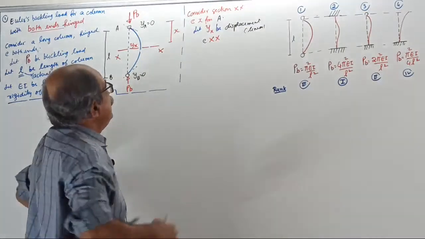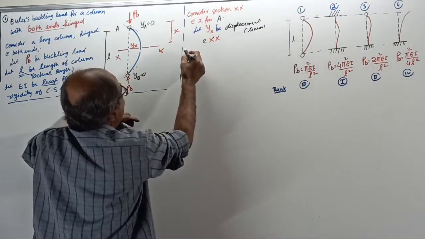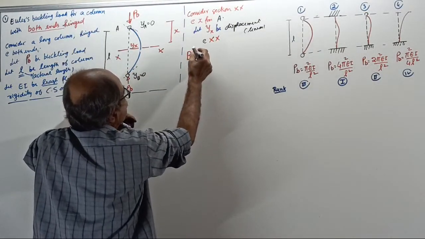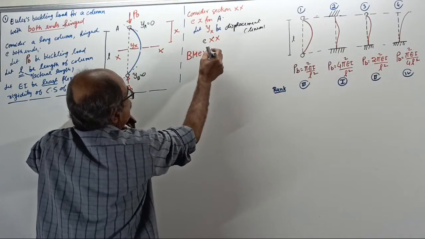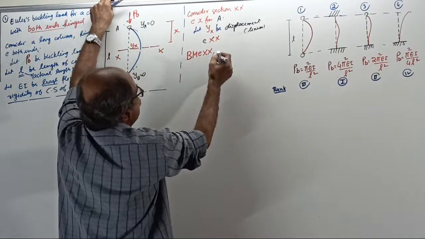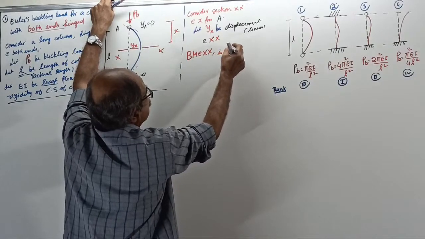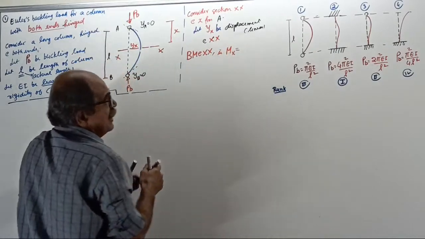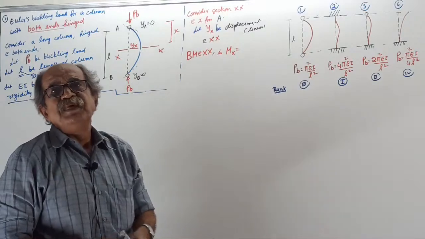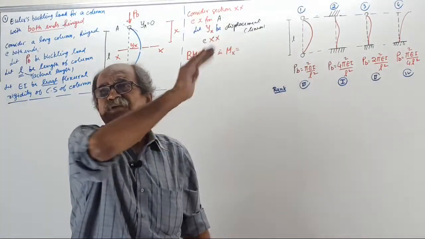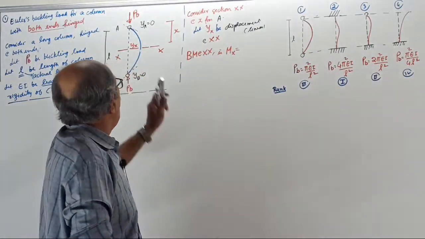Now you require, very important, the bending moment at section xx. I will tell only once, xx, that is called Mx. Remember, if it's a beam, you can take sagging positive, hogging negative. This is a column.